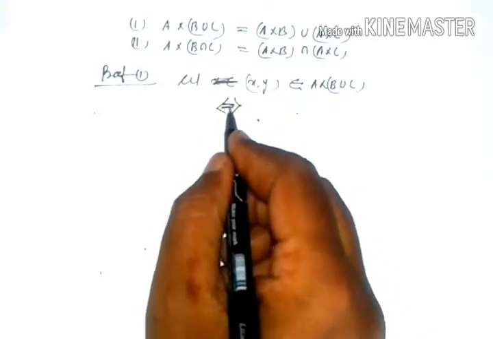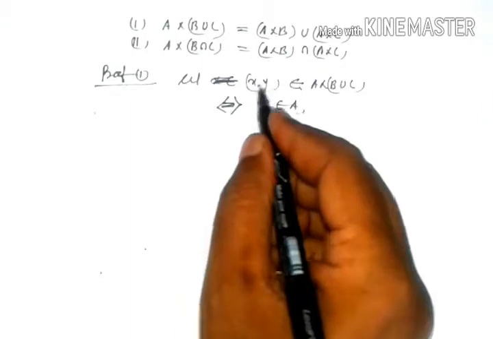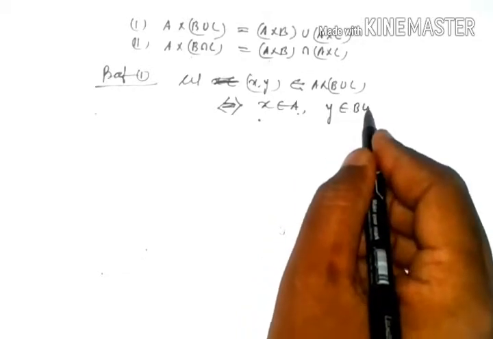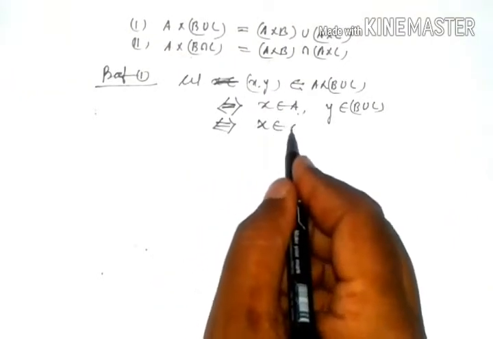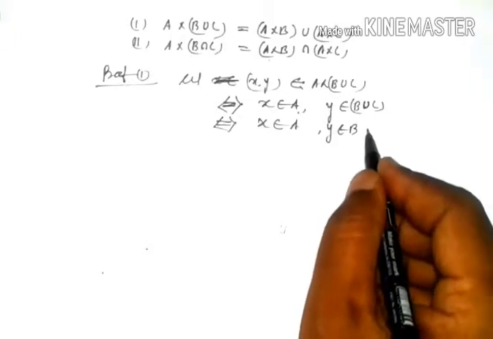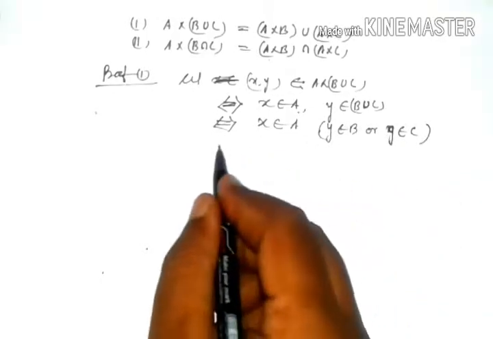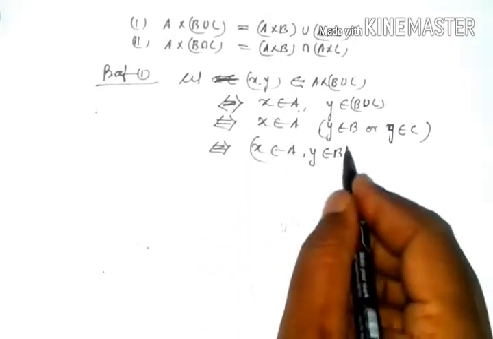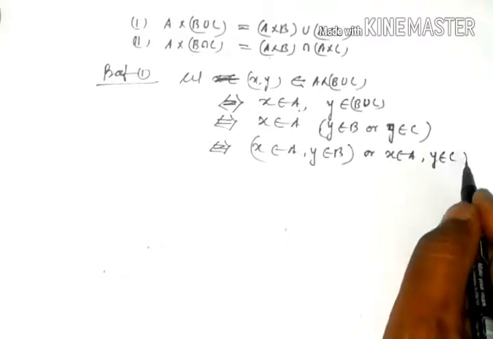This if and only if, we write the if and only if symbol here, x belongs to A, the first component, and y belongs to B union C. If and only if x belongs to A, y belongs to B, here is union, so we write or, x belongs to A, y belongs to C.